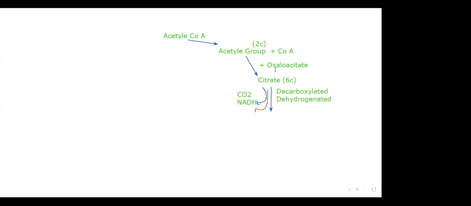Then what do they form? A 5 carbon compound. Okay, 5 carbon compound, further decarboxylated and dehydrogenated, produces what? A 4 carbon compound.